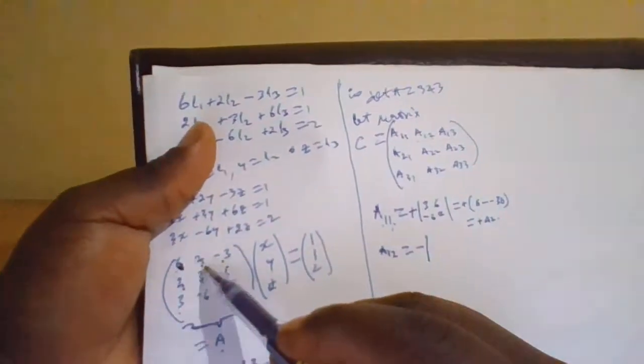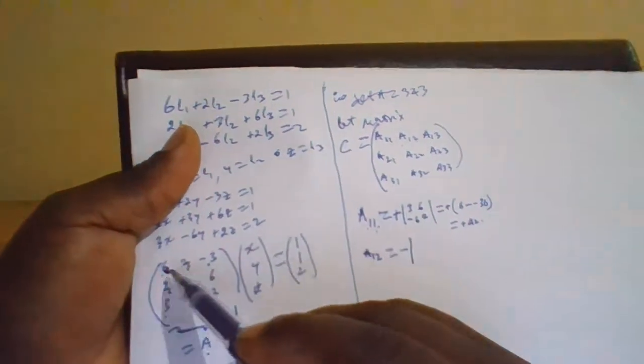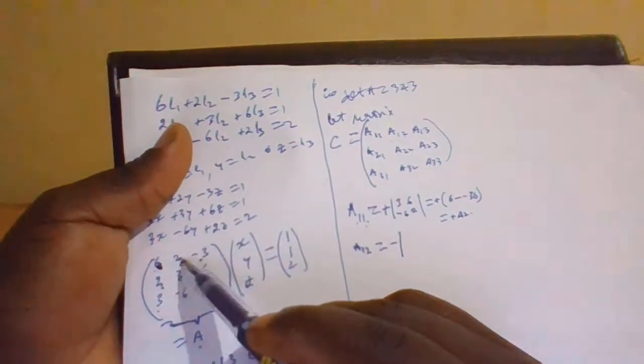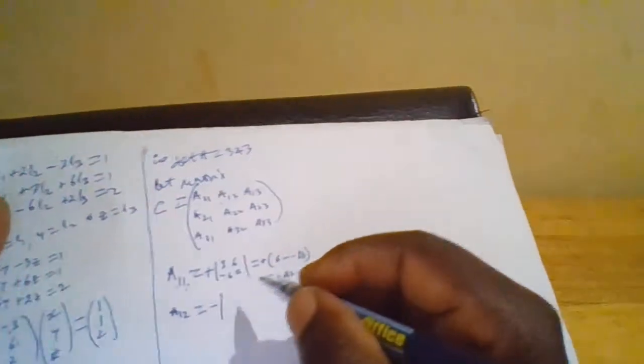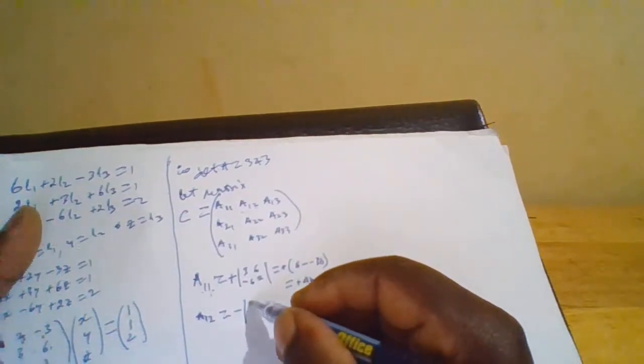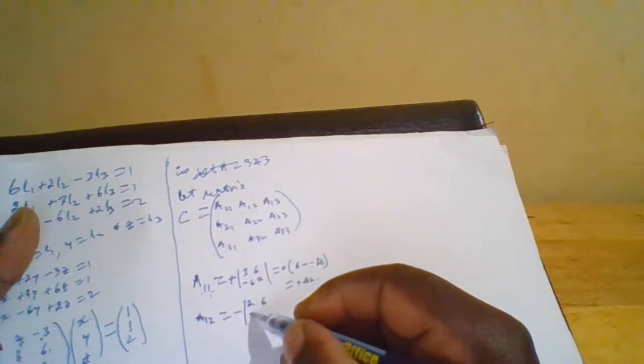But what are the minors of element 2? We block this column and this row. So the minors will be 2, 3, 3, 2, so we have 2, 6, 3, 2, like that.